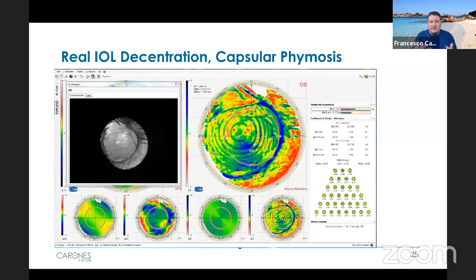Here is another case of decentration, where you can see here also the phimosis of the capsule, and that was probably the reason for the decentration.